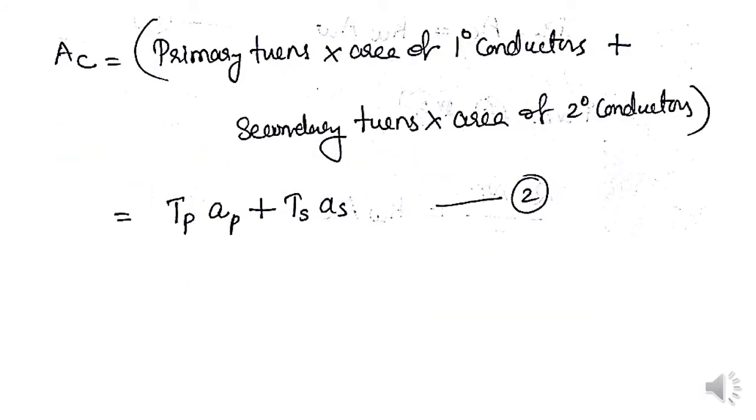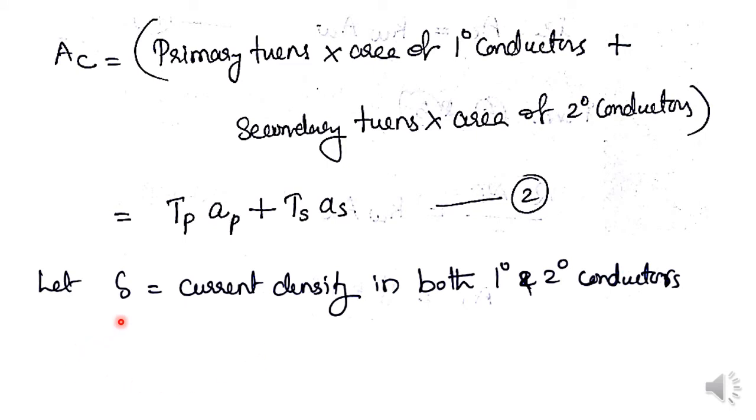That means AC is equal to primary turns into area of primary conductors plus secondary turns into area of secondary conductors. Then we denote these terms using the symbols. Primary turns TP into primary conductor area AP plus TS, secondary number of turns, into AS, area cross section of secondary conductor. That is equation number 2.